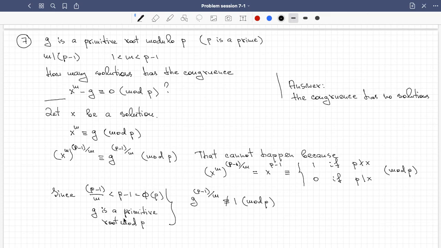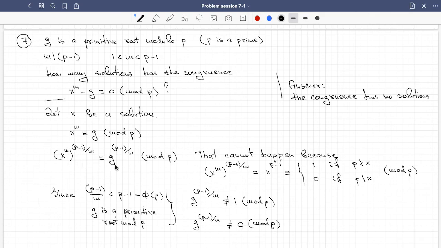At the same time, g is a primitive root, so g is relatively prime to p, not divisible by p, so g to the p minus 1 divided by m also cannot be 0 modulo p. So this is either 1 or 0 modulo p, while that is something but not 0 and not 1 modulo p.